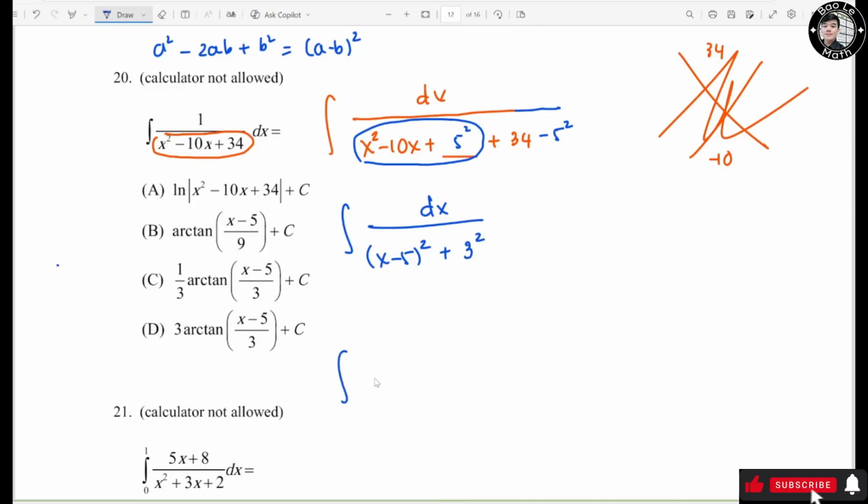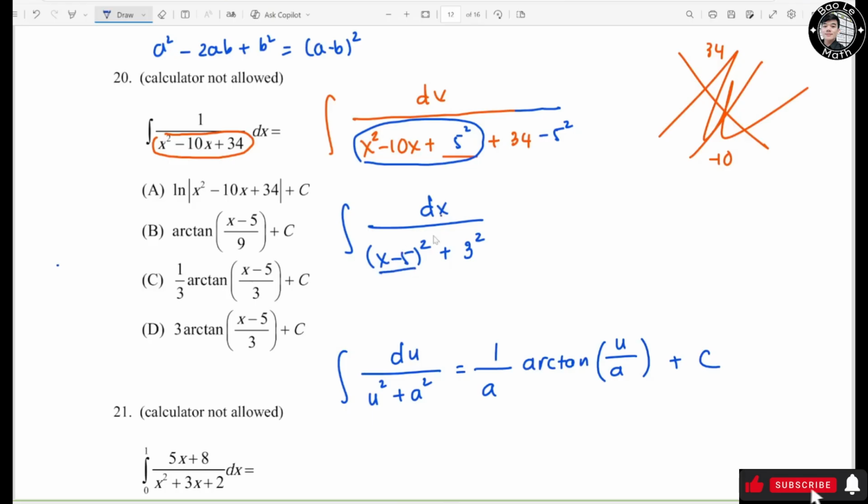So the antiderivative of du over u squared plus a squared is going to be 1 over a, arctangent of u over a, plus c. Look at the bottom right here and the top right here.